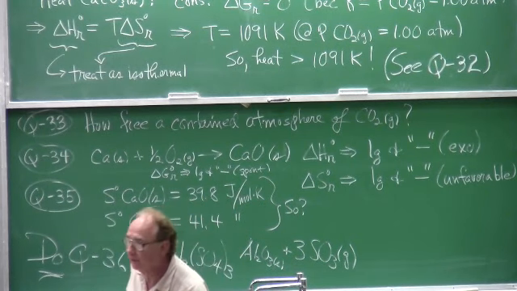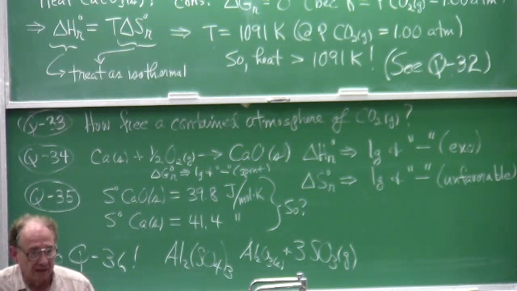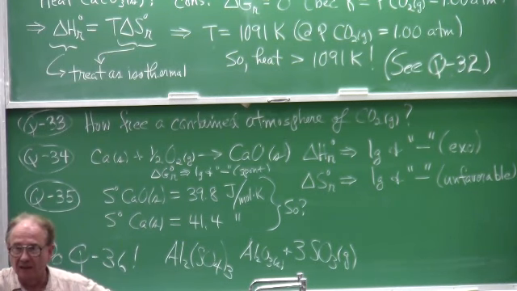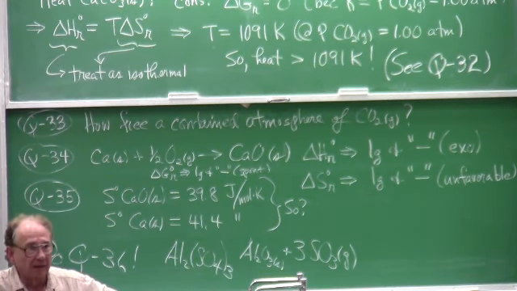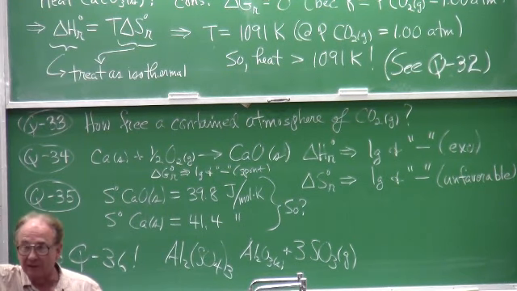The chemical version of the equilibrium constant. What is it for this thing? Cubed. Partial pressure of sulfur trioxide cubed.